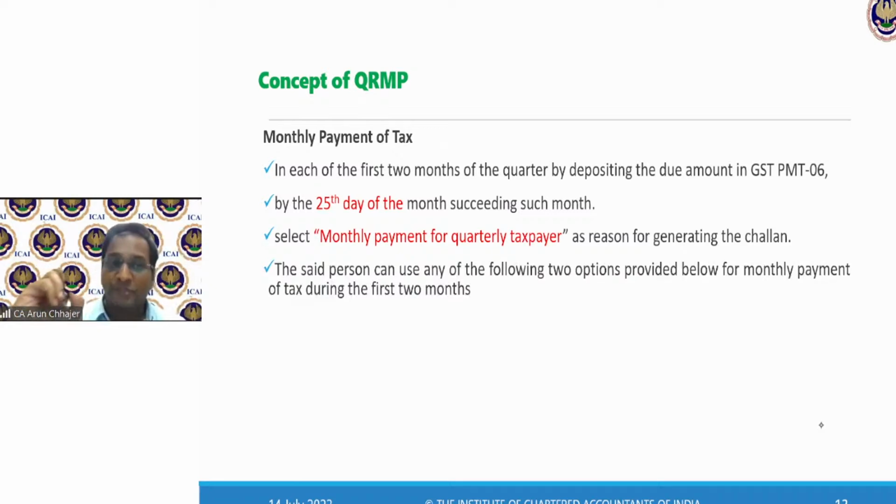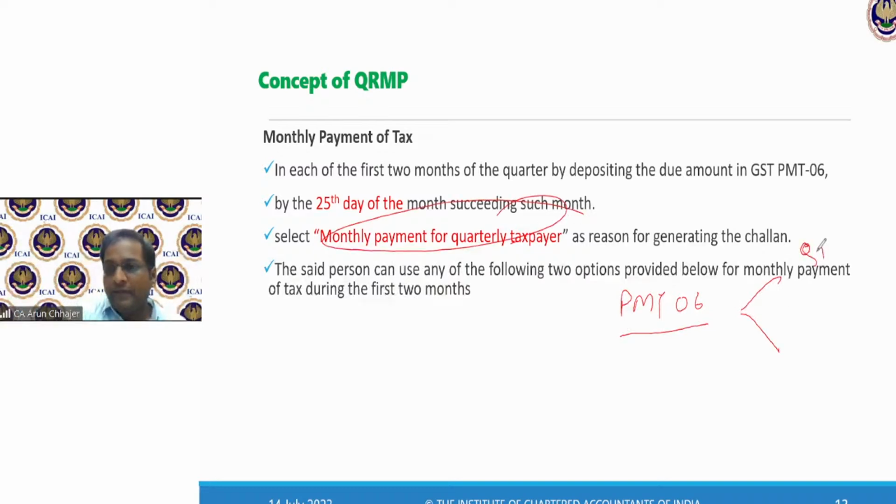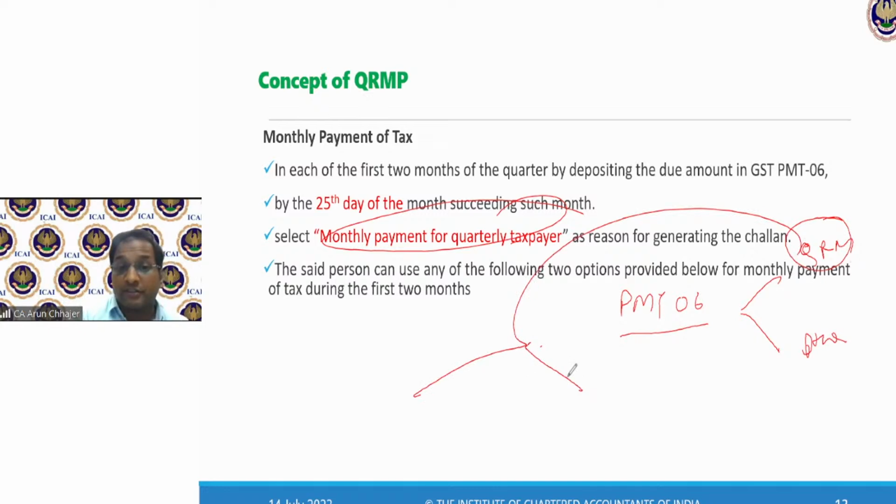Then there are two options. In the PMT06, the first option is QRMP and the second is other. When you select QRMP, you will find another two options.